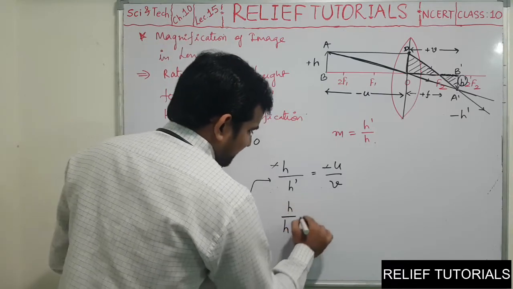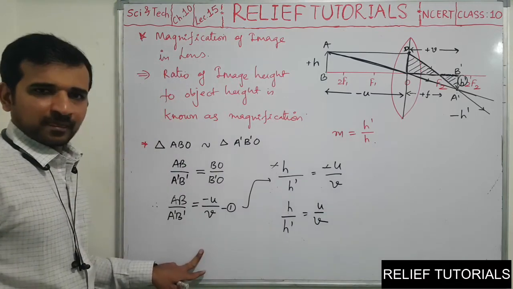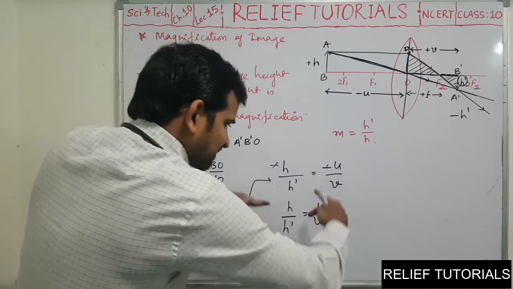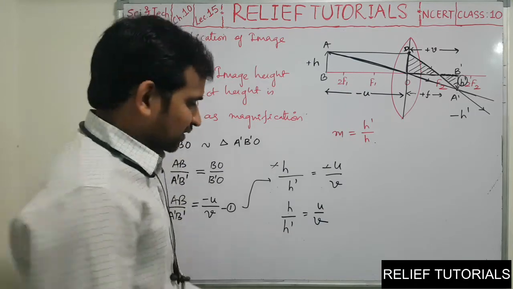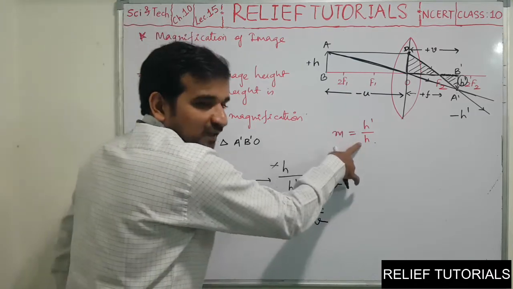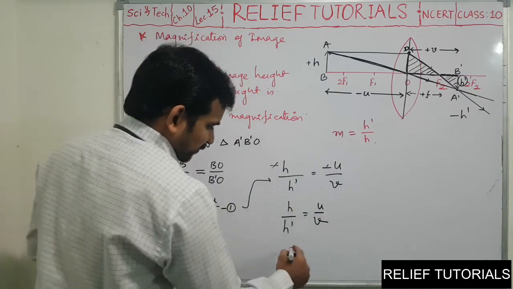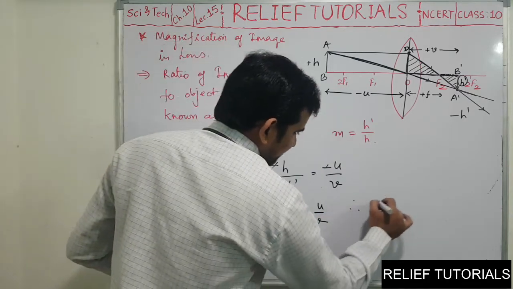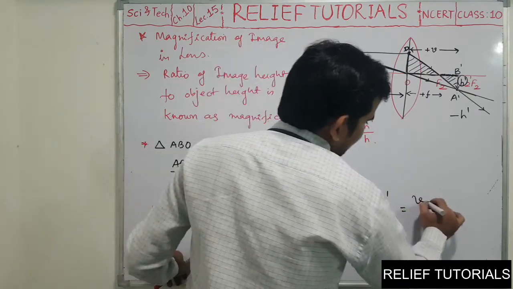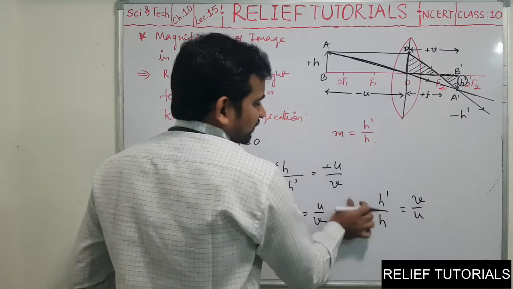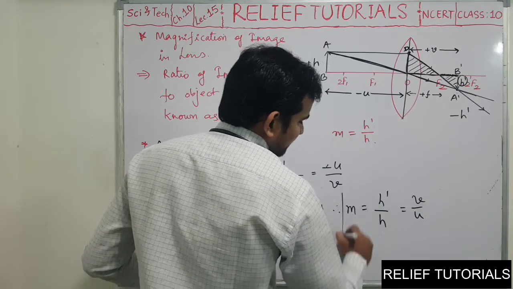H by h dash is equals to u by v. Let us take the reciprocal to both the sides. Why are we taking the reciprocal? Because we require h dash by h, and here we have h by h dash. Take the reciprocal. So therefore the final result is h dash by h is equals to v by u. But we know that h dash by h is nothing but the magnification.